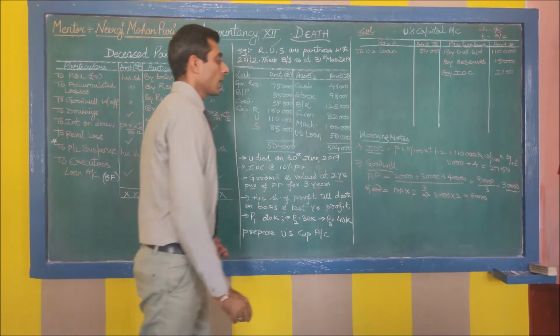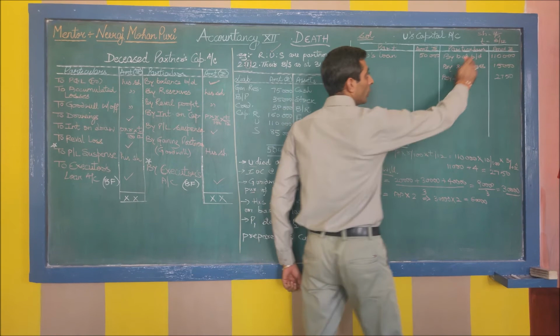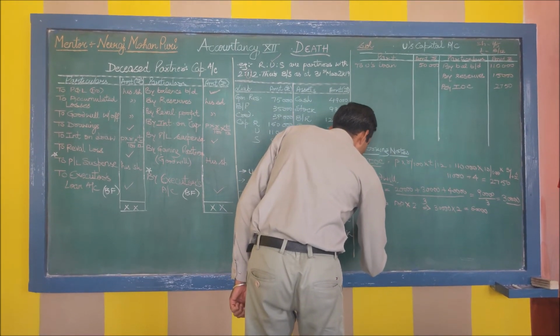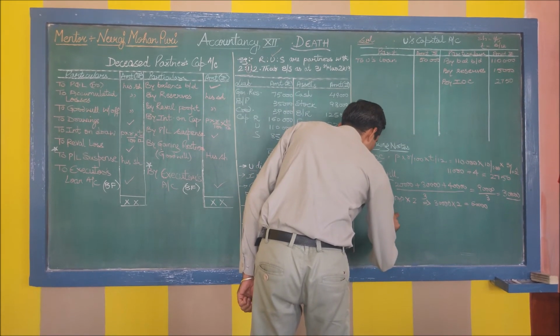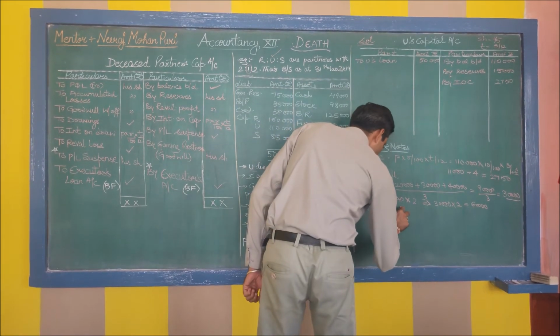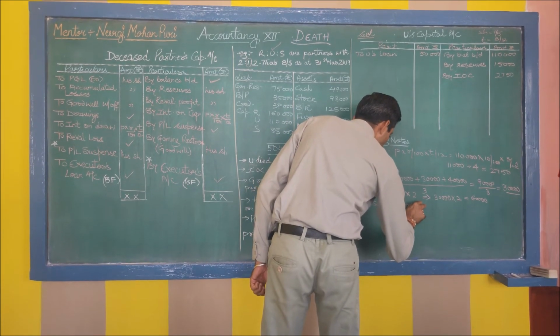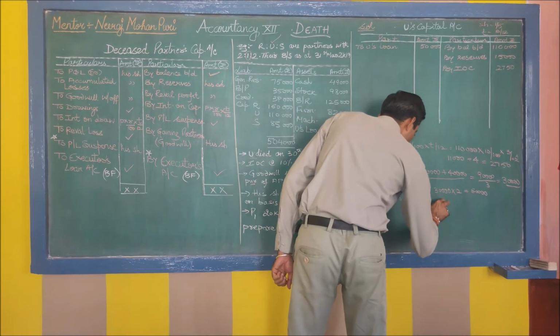Next step, we have to calculate the retiring partner's share because this is the goodwill of the firm. His share is 1 by 5. Therefore, U's share will be equal to 60,000 multiplied by 1 upon 5. This will give 12,000.